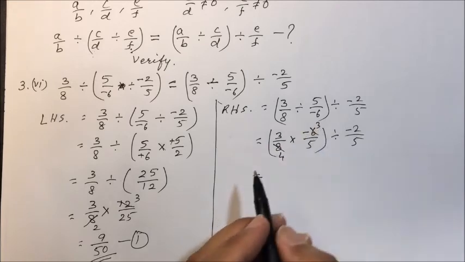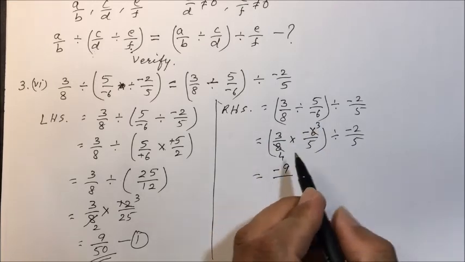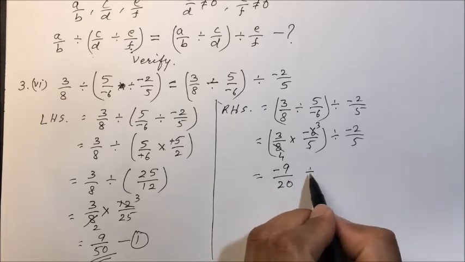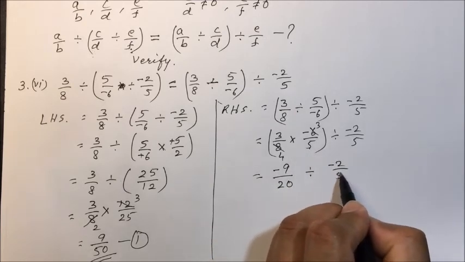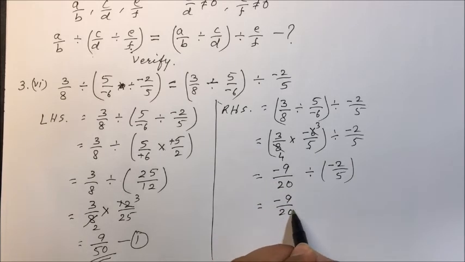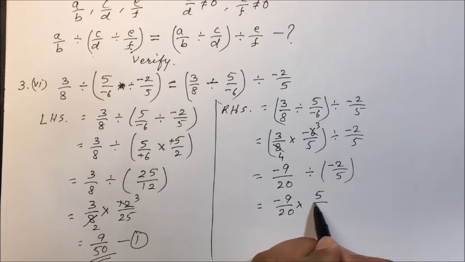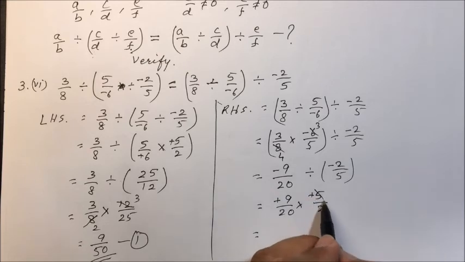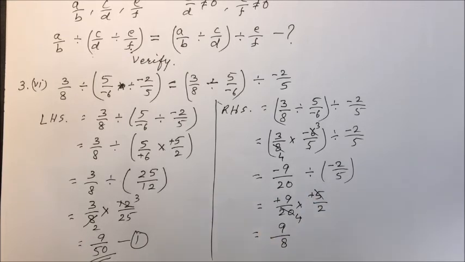So 3 into minus 3, minus 9. 4 5s are 20, divided by minus 2 upon 5. So minus 9 upon 20 into the reciprocal of this, 5 upon 2, minus we put here. So now minus minus become plus, 5 4s are 20, 9 upon 8 we are getting. Second result is 9 upon 8.